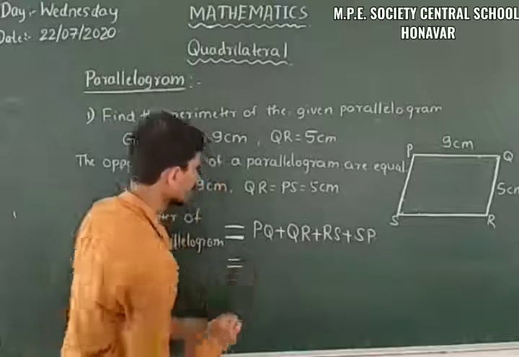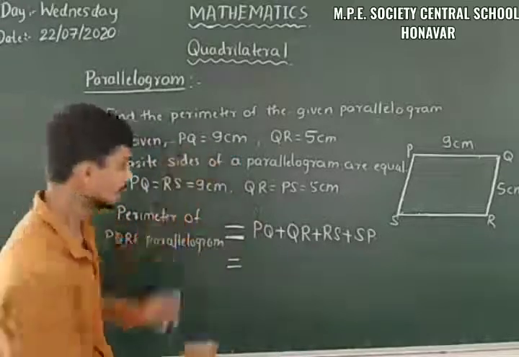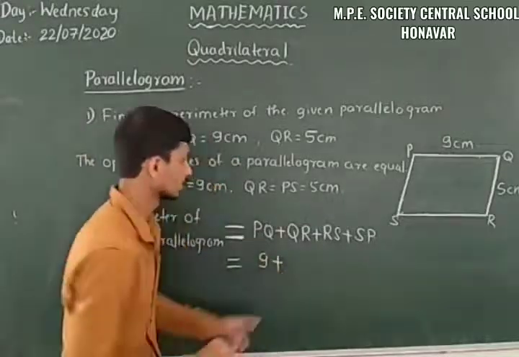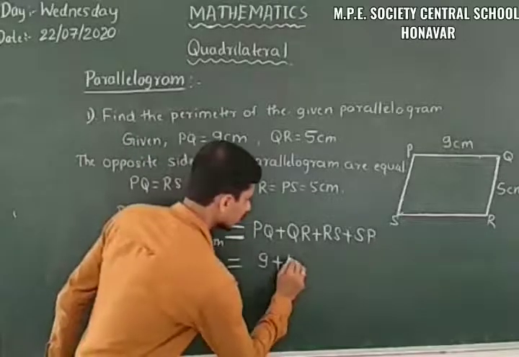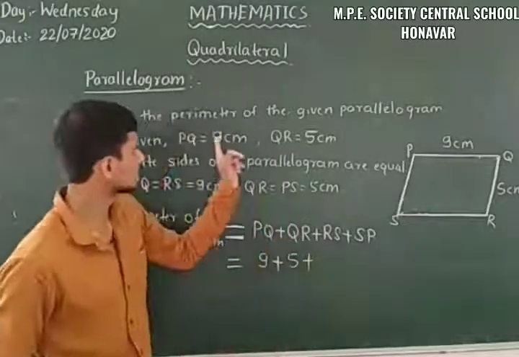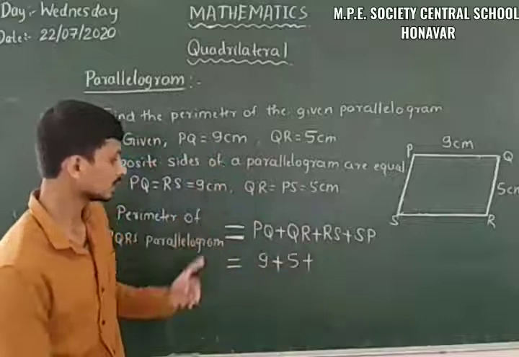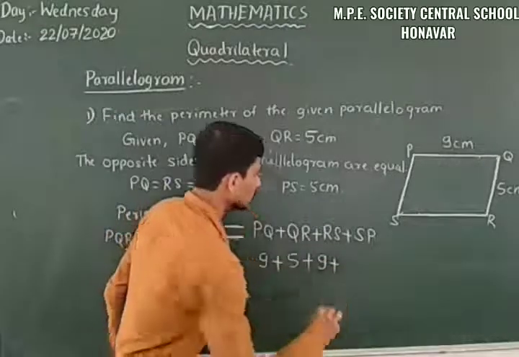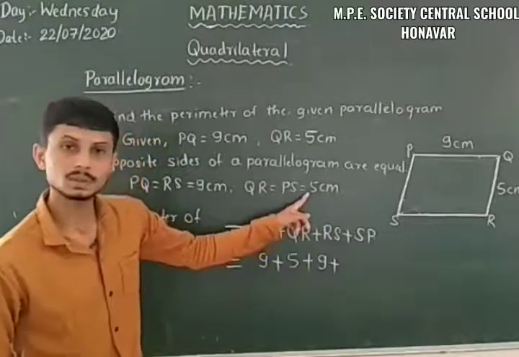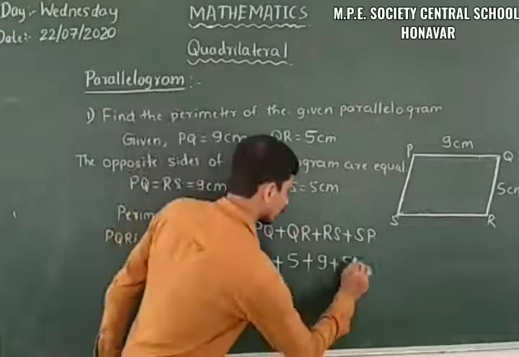So what is the value of PQ? PQ is equal to 9 centimeter plus QR is equal to 5 centimeter, then plus RS is equal to 9 centimeter plus SP is equal to 5 centimeter.